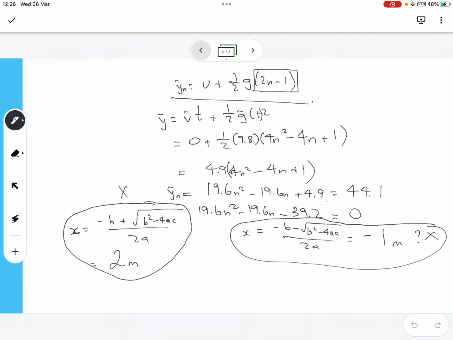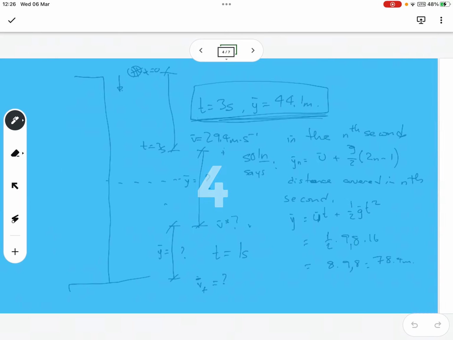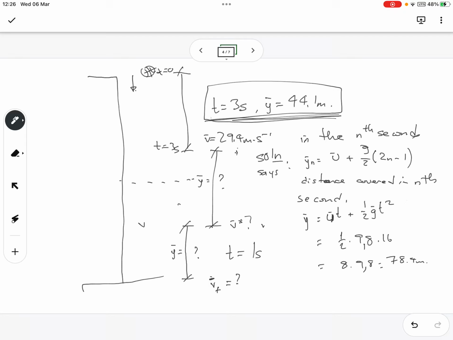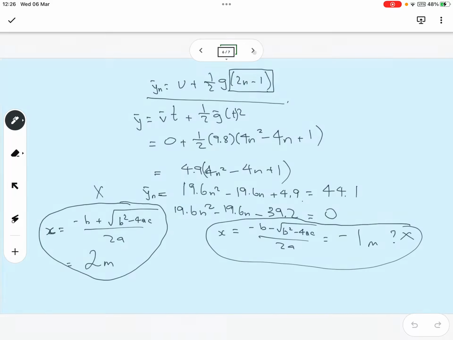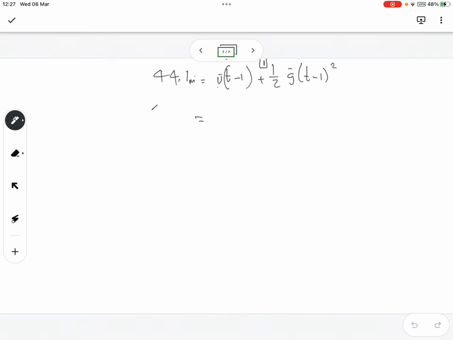That would give us the velocity at this point here. Let's try that.